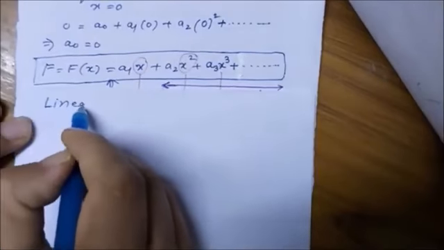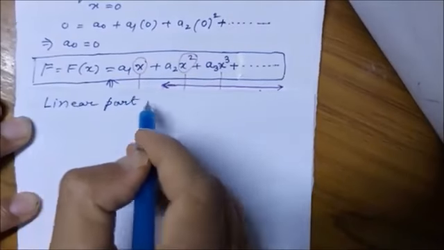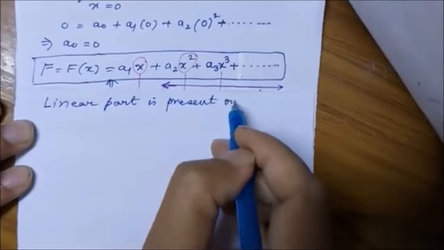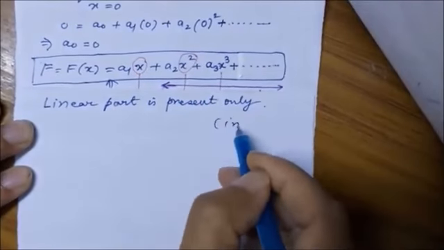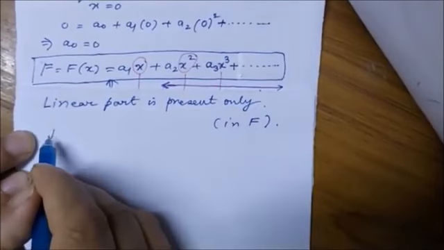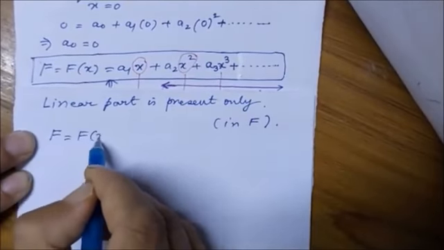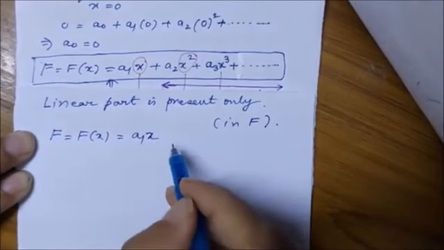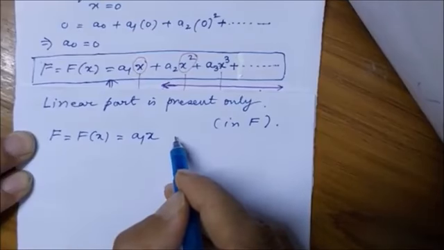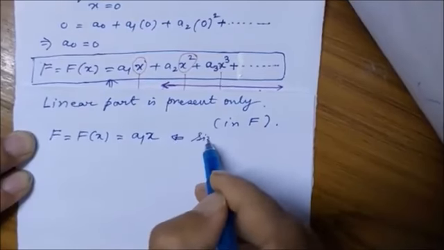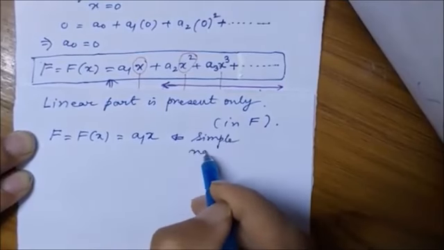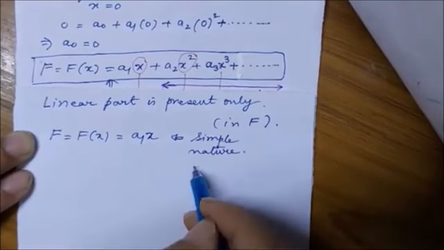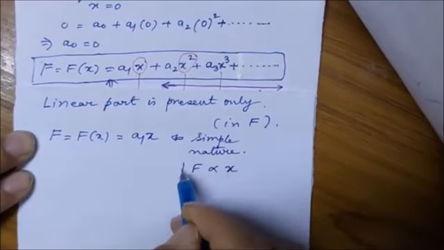So let us write, the linear part is present only in f, in the expression of f. In other words, f is just a1x. So the motion being linear is of simple nature. And f is just proportional to x.